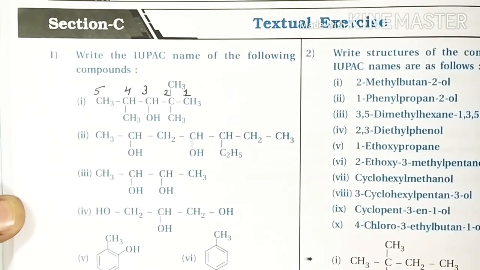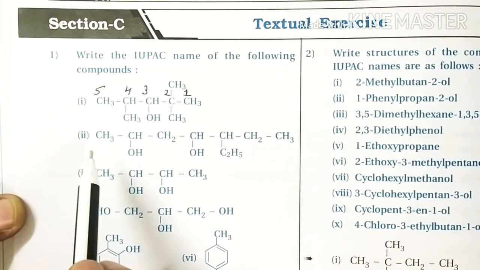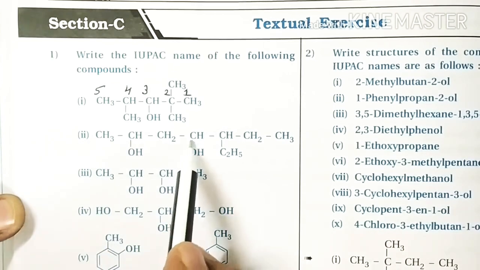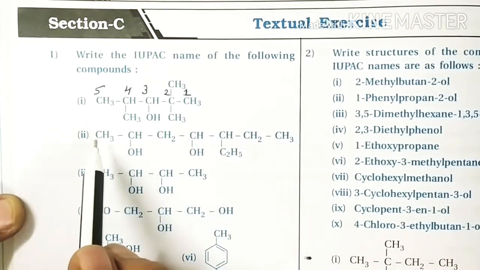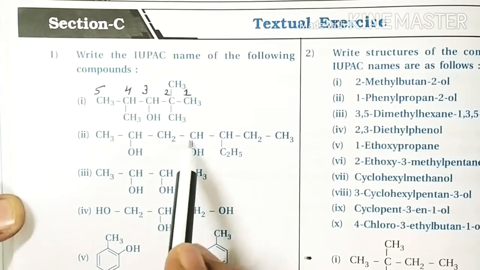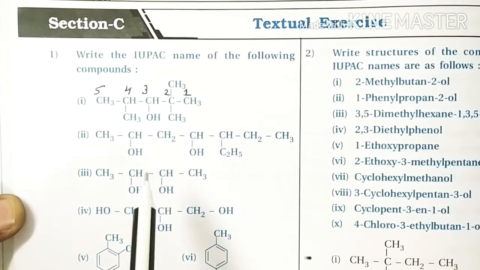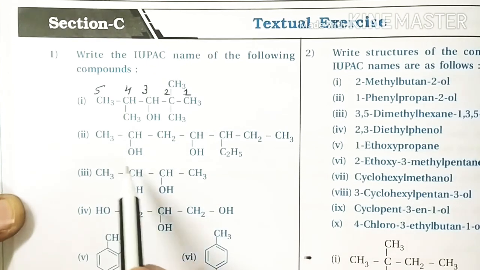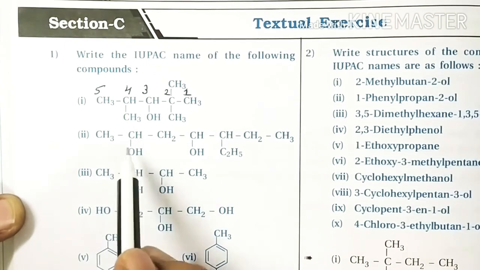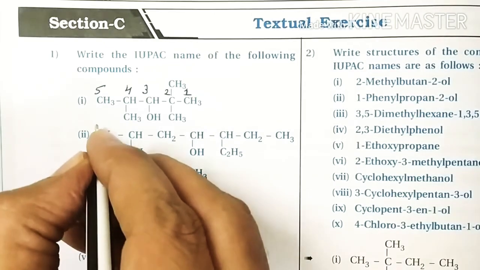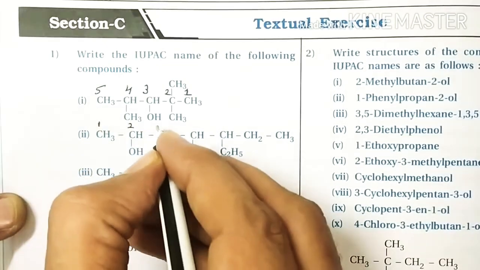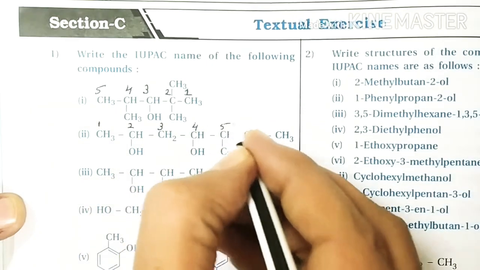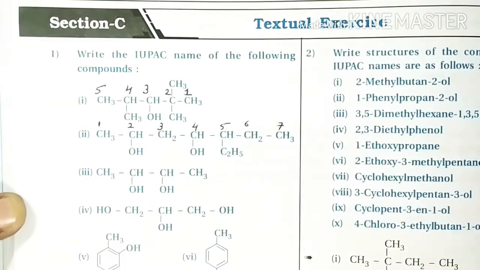Next one. First we have to calculate the longest chain of carbon: 1, 2, 3, 4, 5, 6, 7. So we give the number in such a manner that the OH group, being a powerful group, has the least number.